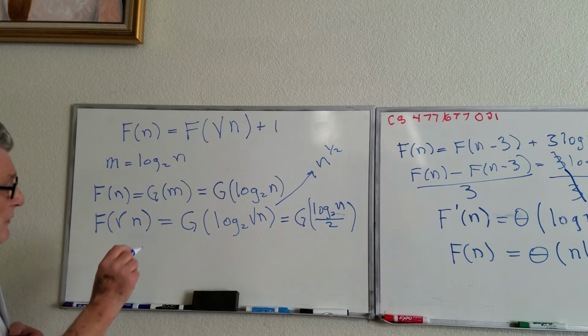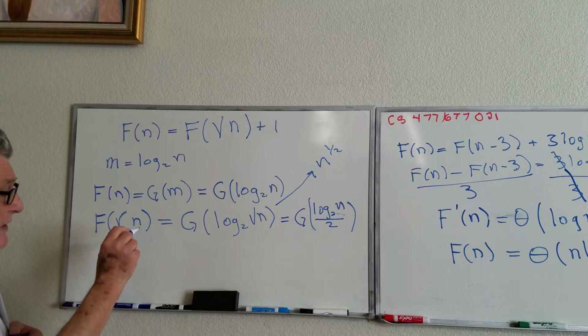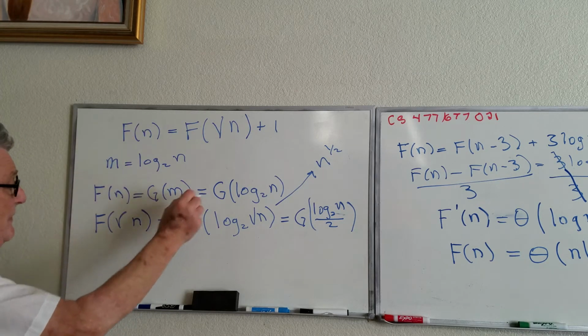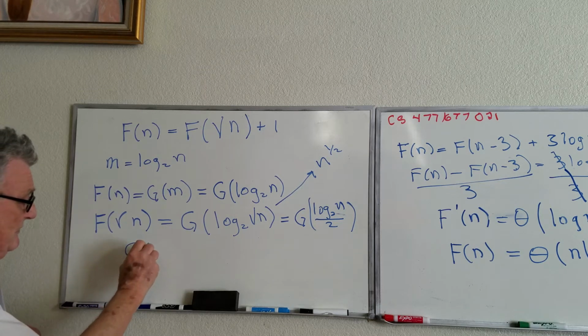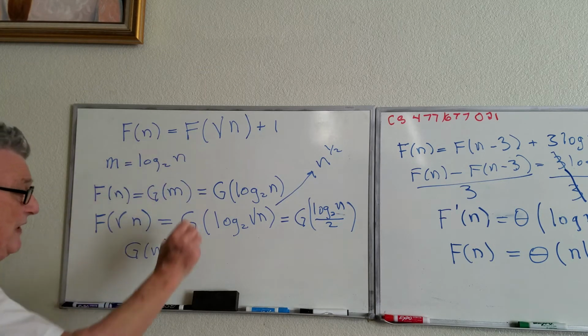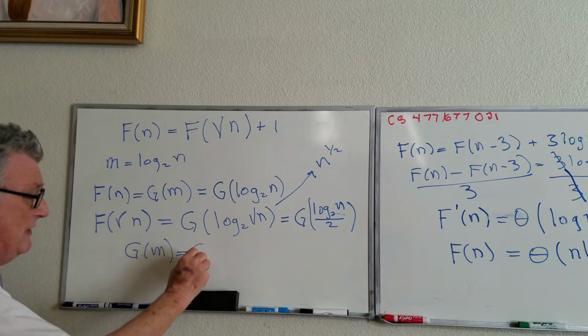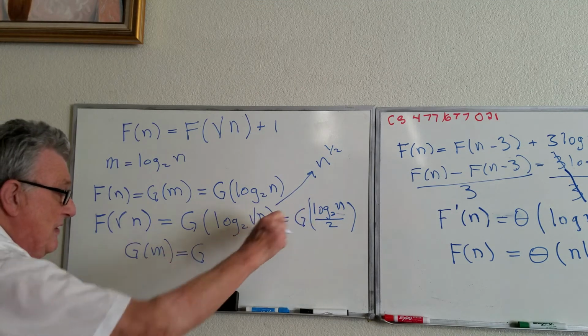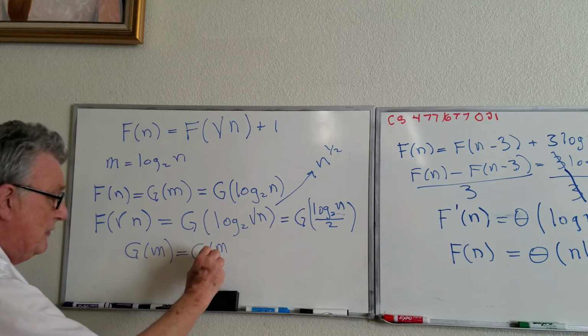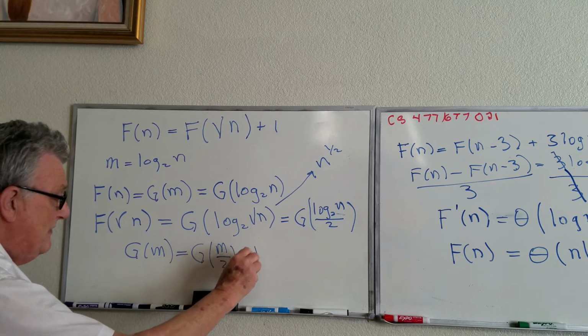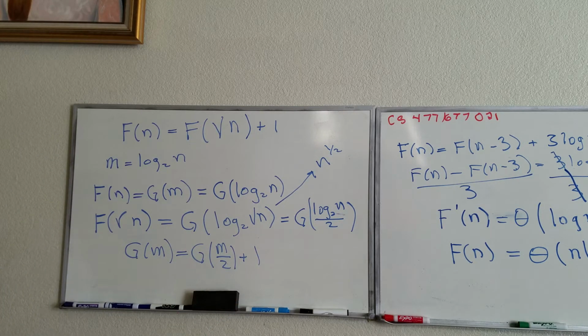Now, we rewrite the whole thing in terms of g. So f of n is g of m. F of the square root of n is g of, and then base 2 logarithm of n is m, so this is m over 2. And the 1 doesn't change. Now the master theorem tells us the answer.